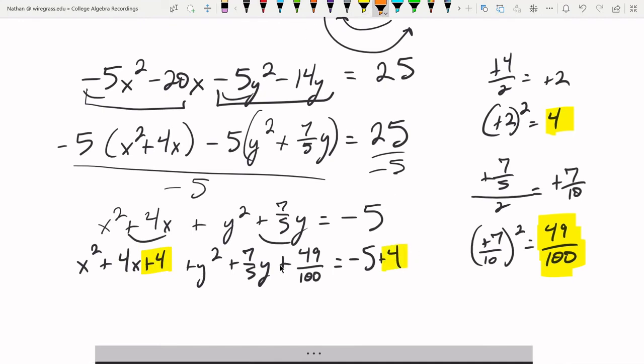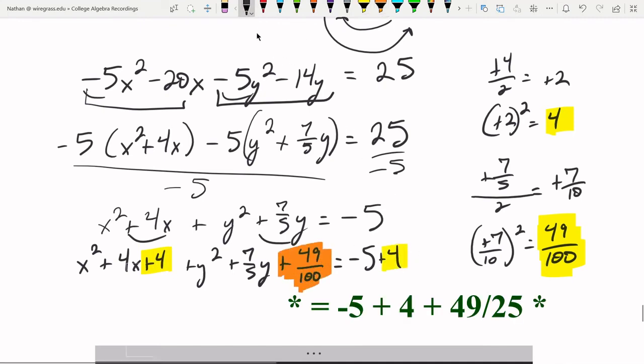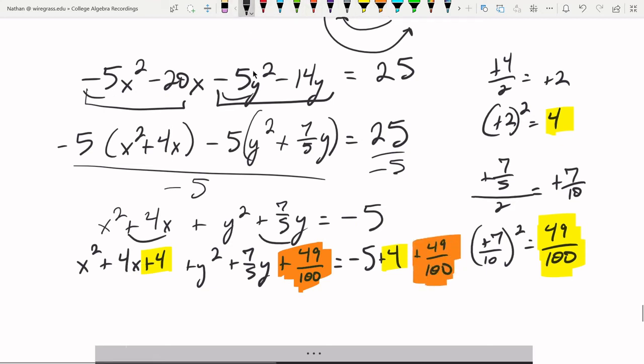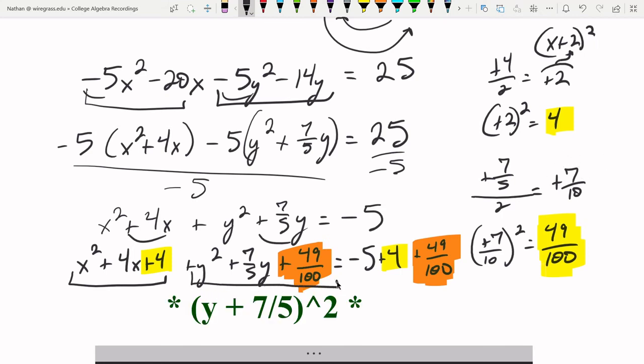And since I added positive 49/100ths, you do the same to the other side. So with this, I have not changed the problem. Also, this factors down into x plus 2 squared, and the y term factors down into y plus 7/10 squared.